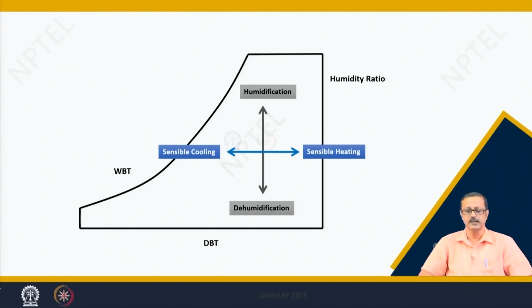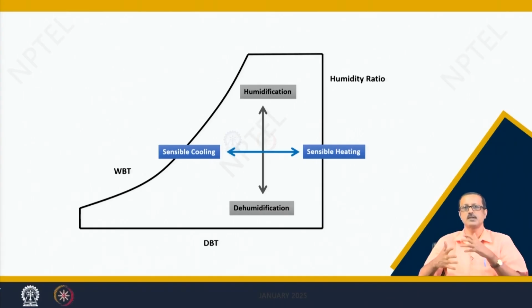The other perpendicular axis is the humidification axis. Here you see this black arrow. From one point to the other, we may move up and down. By moving up and down, we are not going to change the DBT, the dry bulb temperature will remain the same, but the humidity ratio is going to change. The relative humidity is going to increase if you go up, and by virtue of that you either have to add some latent heat or remove some latent heat.